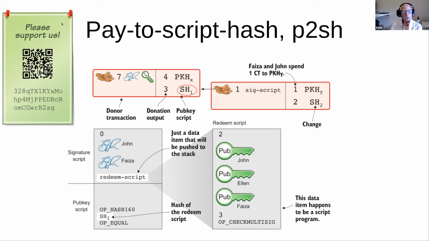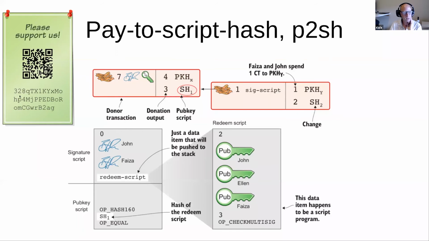So we'll start on the top left here, where it says please support us, and a QR code, which encodes a new type of address, which starts with a 3 followed by a number of base 58 characters. The key here is that it starts with a 3.